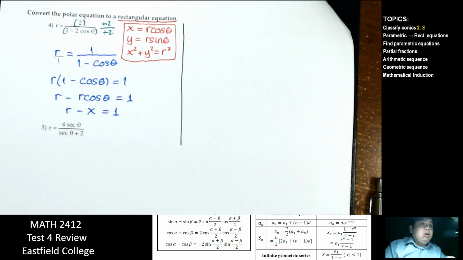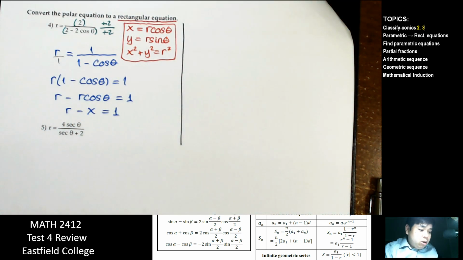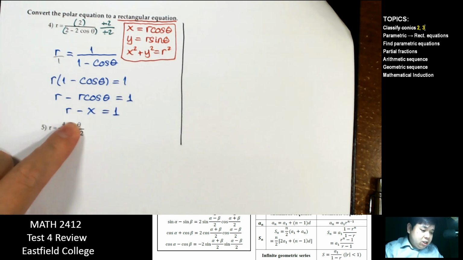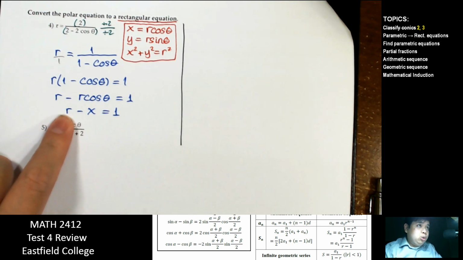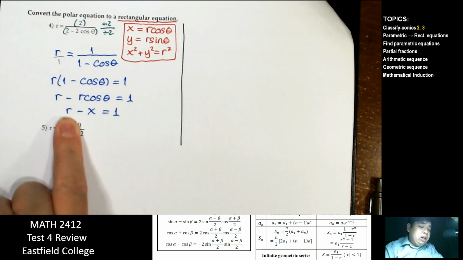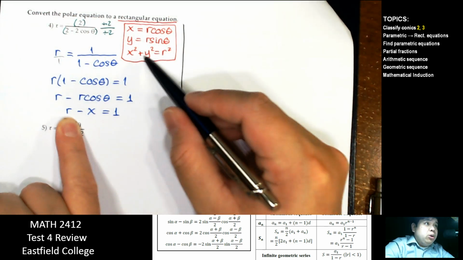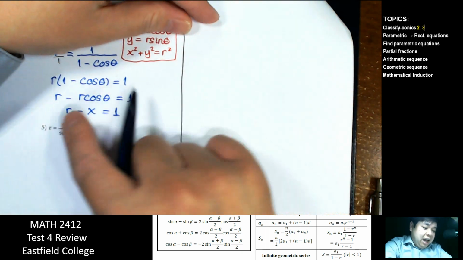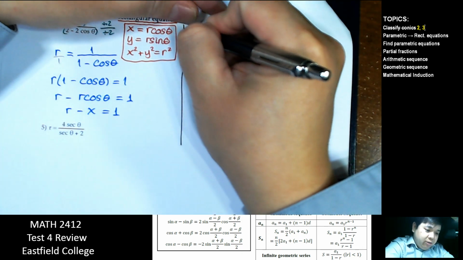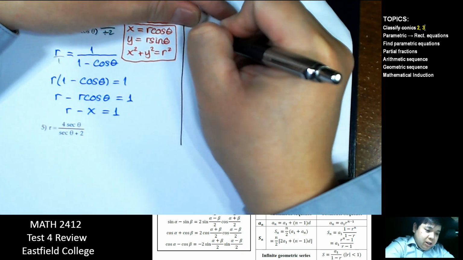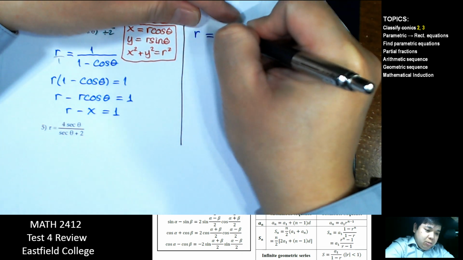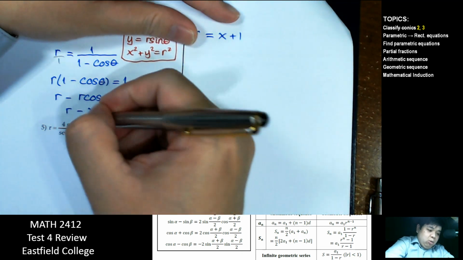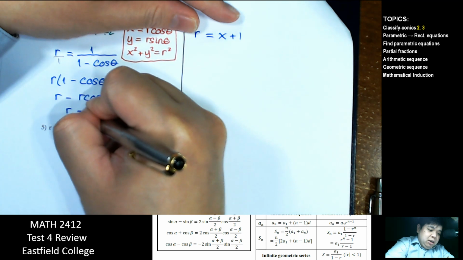Right, now next is a tricky part. We're going to somehow turn the r into x and y. The only thing we can do is r squared is equal to x squared plus y squared. So we're going to add x on this side. So we have r equal to x plus 1. So I will add 1 on both sides. I mean add x on both sides.